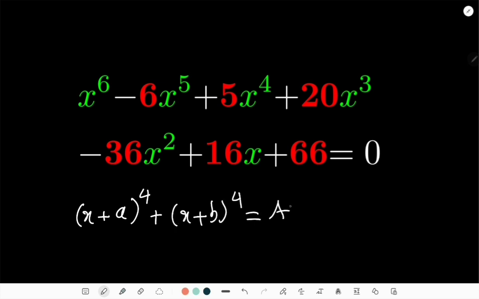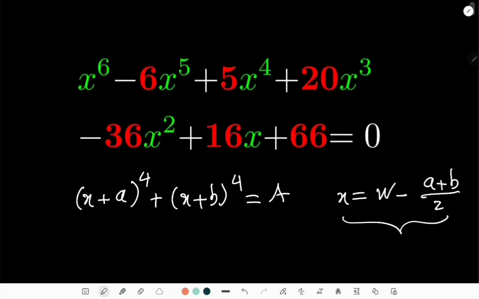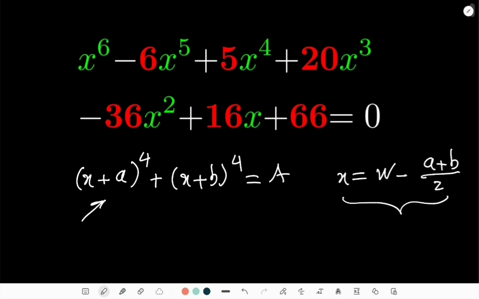And I told you that the best way would be to take a new variable, w minus (a plus b) over 2, replace this variable inside these parentheses, and solve for w. But to reach this form, you have to test if you have a general equation of order 4 to see if you can reach that form.